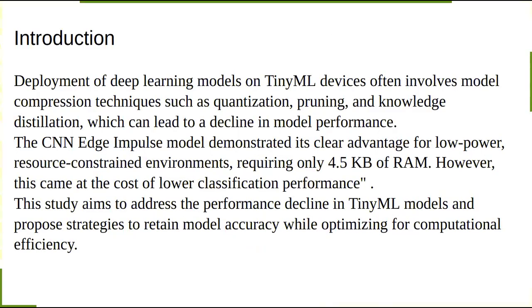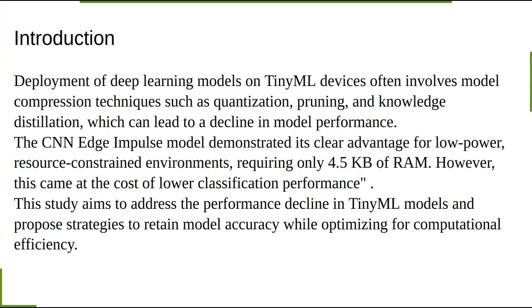Yeah, so our introduction here: the deployment of deep learning models on tiny machine learning devices often involves compression techniques such as quantization, pruning, and knowledge distillation, which can lead to a decline in model performance. The CNN impulse model demonstrated a clear advantage for low power, resource constrained environments, requiring only 4.5 KB of random access memory. However, this came at a cost of lower classification performance.